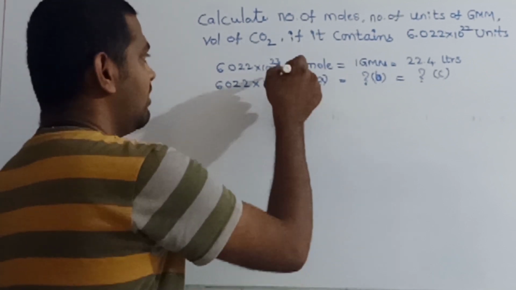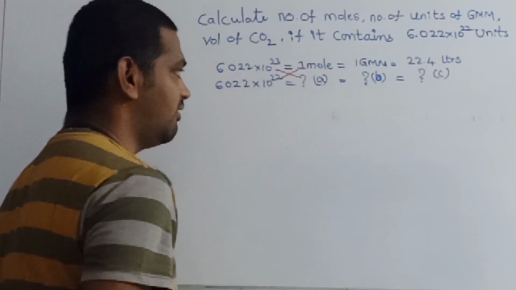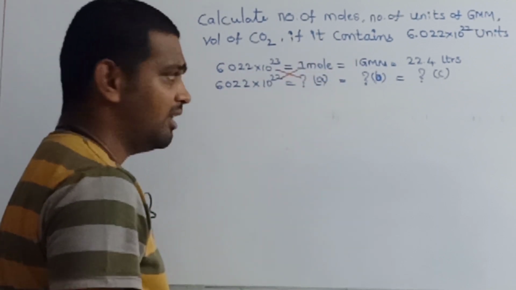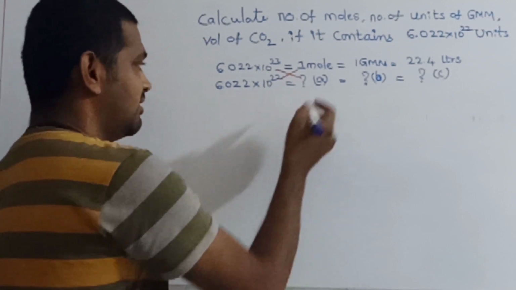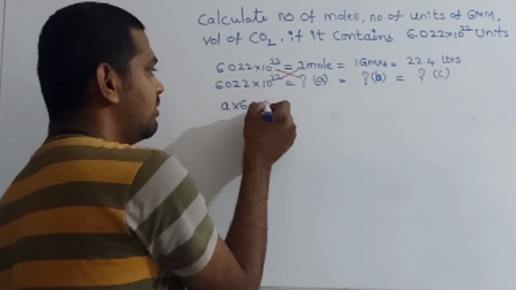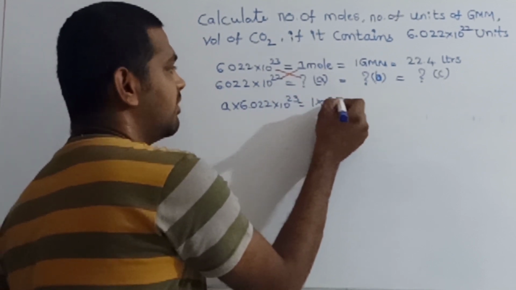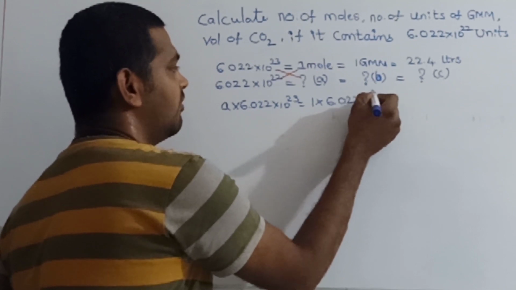In order to get the number of moles, I will do cross multiplication between the particles parameter and the mole parameter. Now you will get A into 6.022 into 10 to the power of 23 is equal to 1 into 6.022 into 10 to the power of 22.